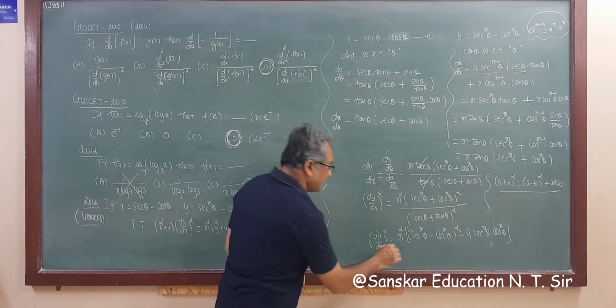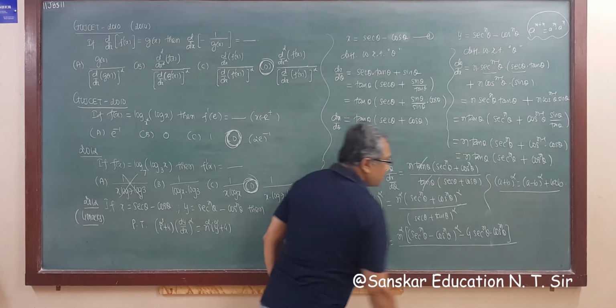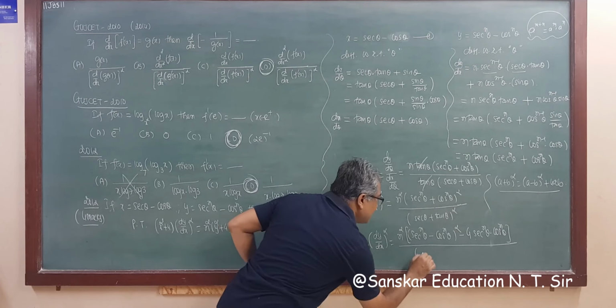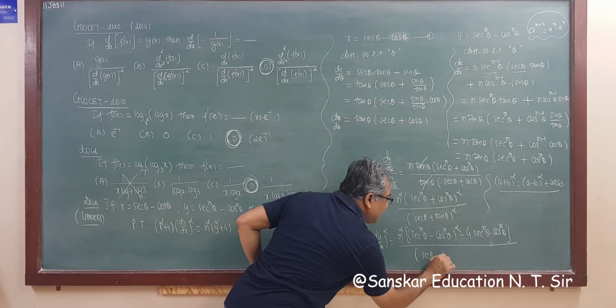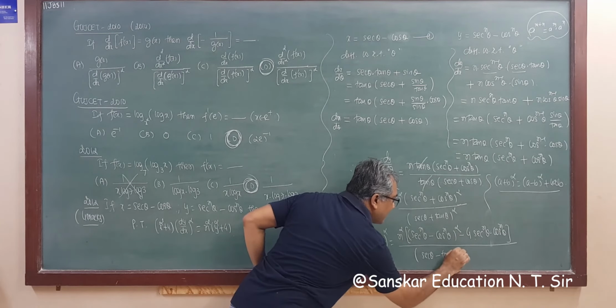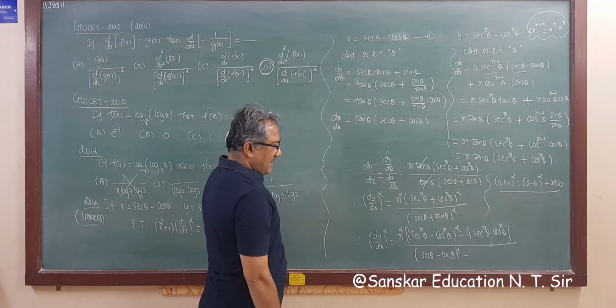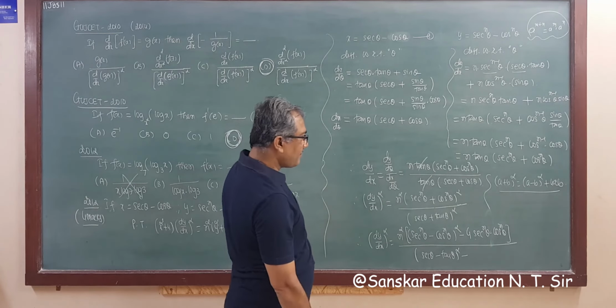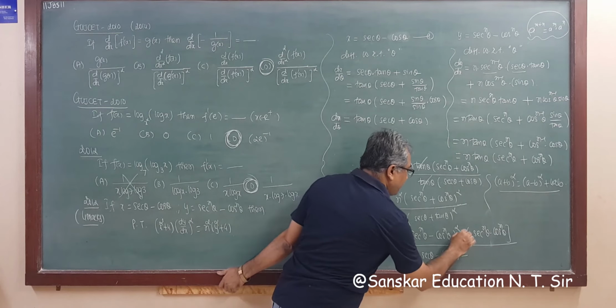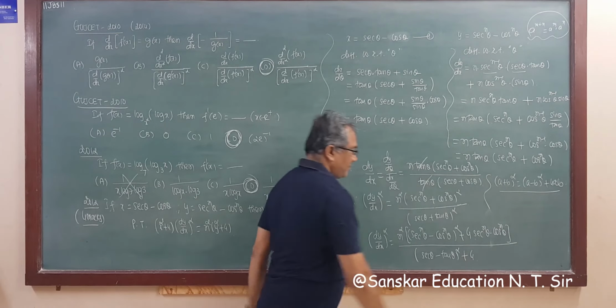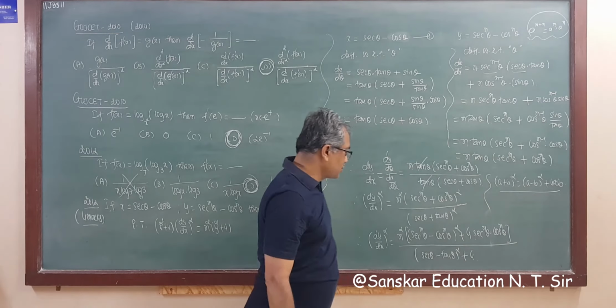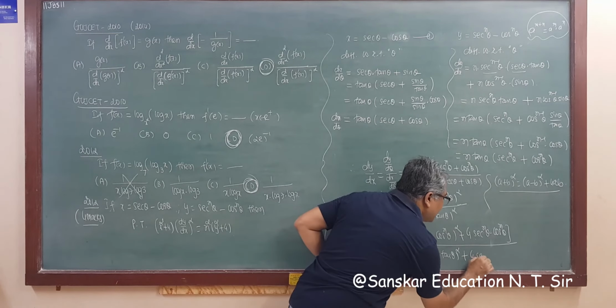Now similarly here in the denominator. So the denominator is this: (sec theta minus tan theta) whole square plus 4, we have to write plus here, right? So plus 4 sec theta into tan theta.